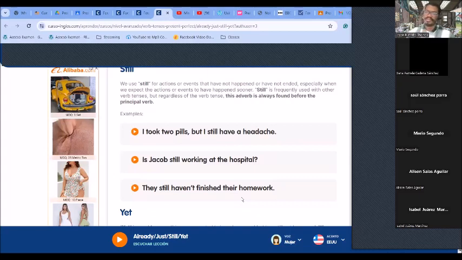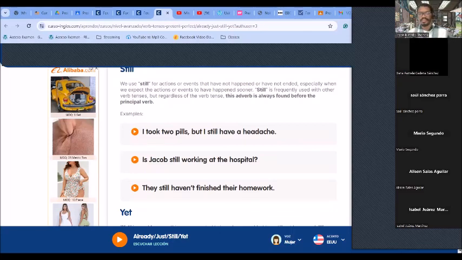We use still for actions or events that have not happened or have not ended, especially when we expect the actions or events to have happened sooner. Still is frequently used with other verb tenses, but regardless of the verb tense, this adverb is always found before the principal verb.